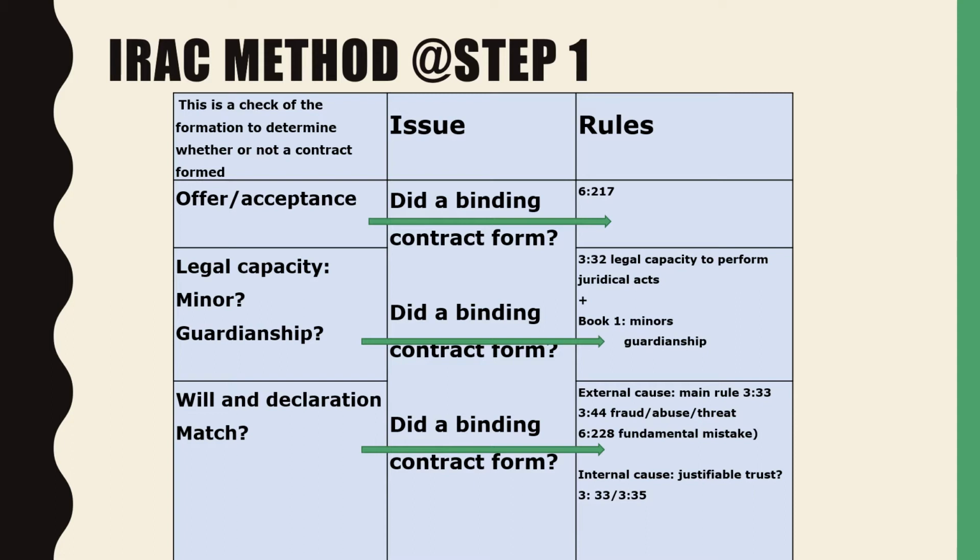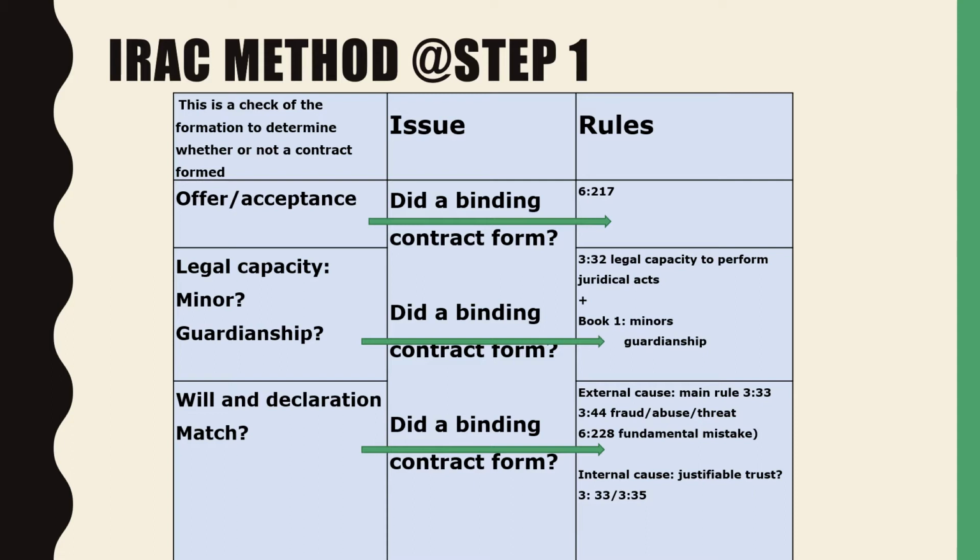And I made it a little bit bigger so you can really see what is in here. We see on the left column the triple check: offer and acceptance, legal capacity, will and declaration. In the middle we see the issue. The issue is always the same at the formation. The rules are not the same.